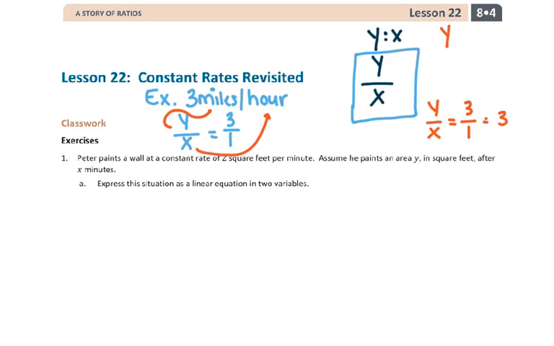Now, we've been looking at this way of writing equations as the slope-intercept form. And the slope-intercept form is, remember, y equals mx plus b, where m is our slope and b is our y-intercept. So we still want to represent these equations as y equals mx plus b.